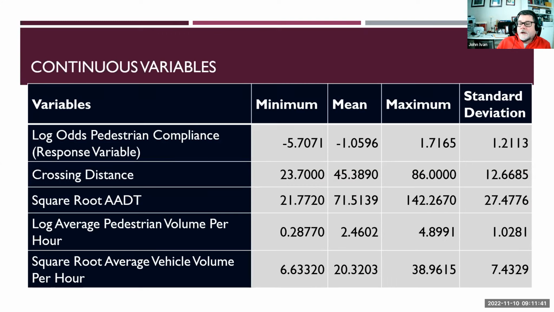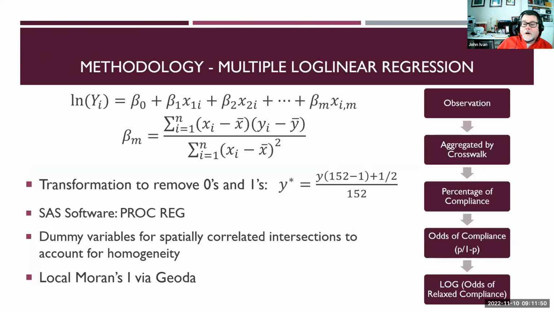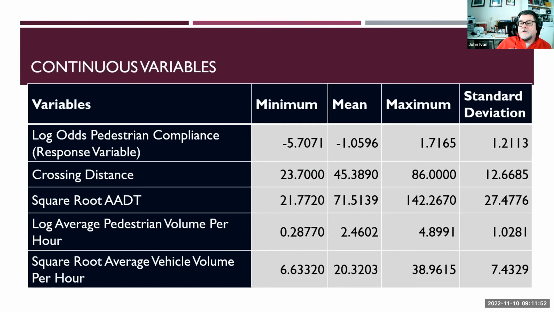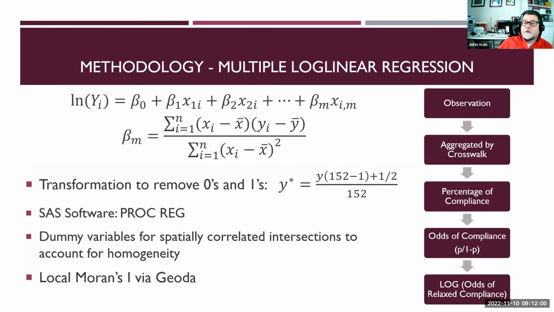And then we also have the pedestrian volume per hour and the square root of the vehicular volume. So the difference there is the AADT was the overall calculated for that time. The average vehicle volume was what was observed during the observation time period.